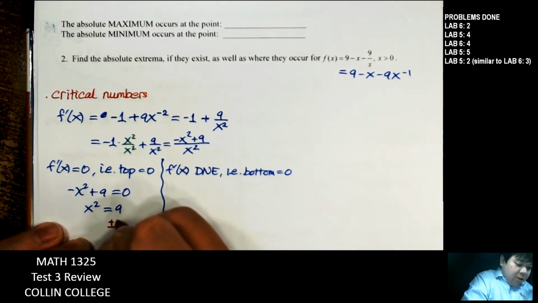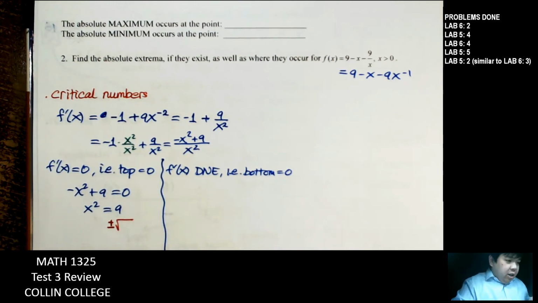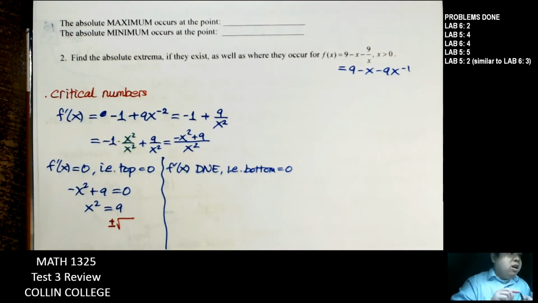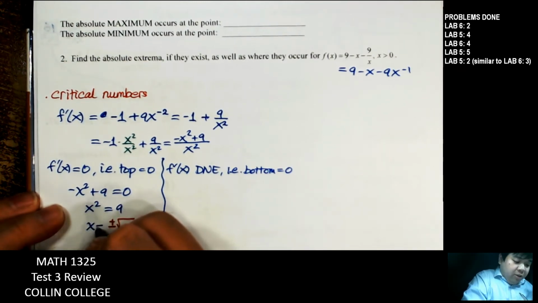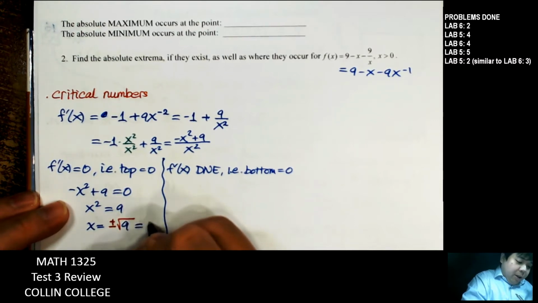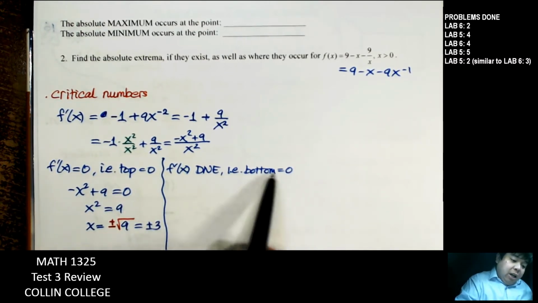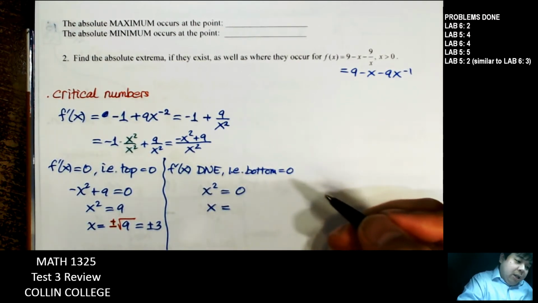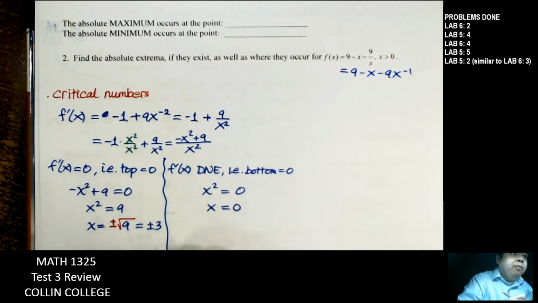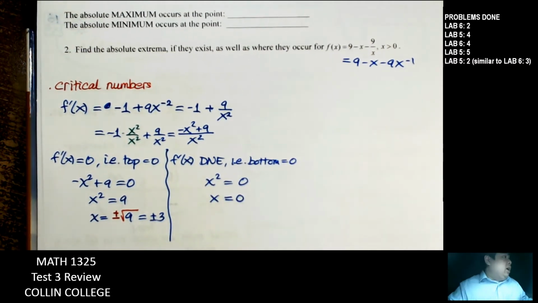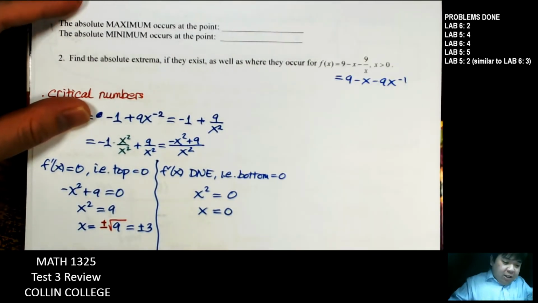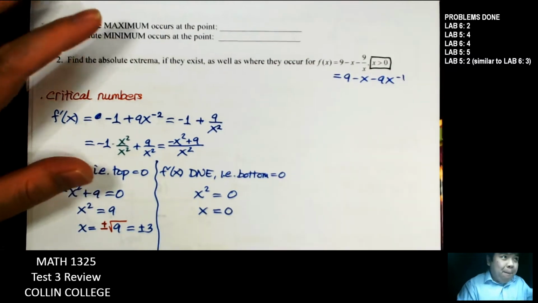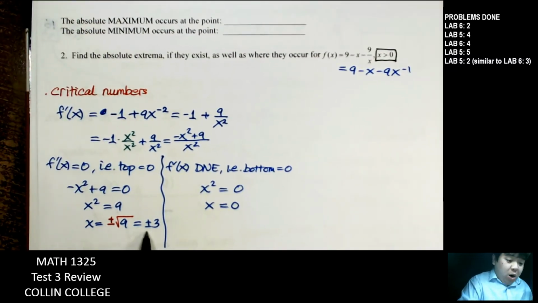So x squared equals 9 if we move the x squared to that side. And then again, when we take the square root on both sides, don't forget there will be a plus or minus. If it is a cube root, like number 4 on this lab, no plus or minus. Only plus or minus on an even root. Plus or minus 3. And here the bottom equal to 0, x squared equal to 0, so we have x equal to 0.